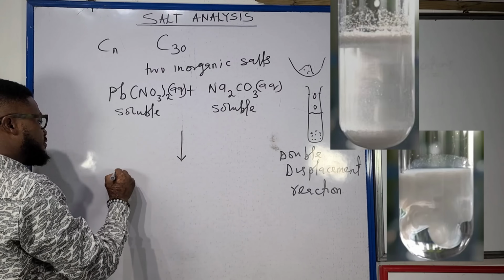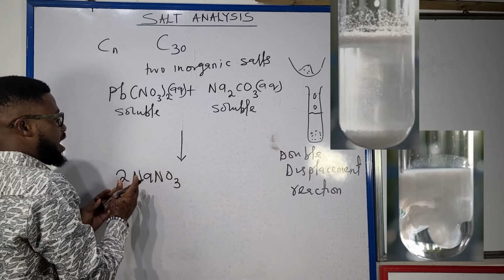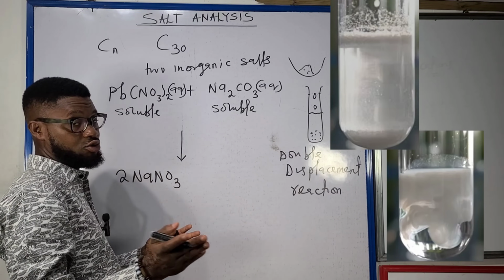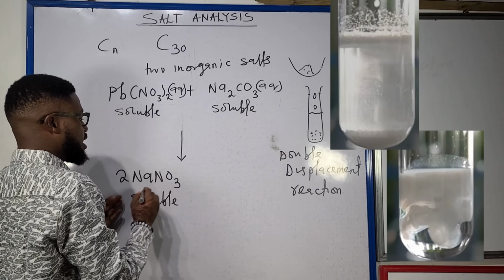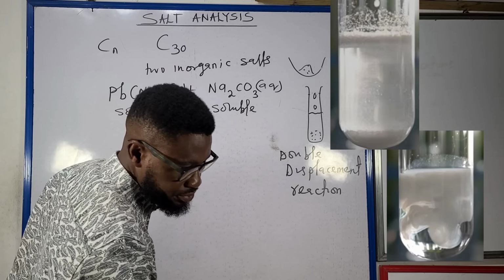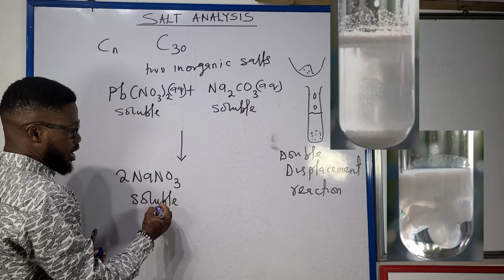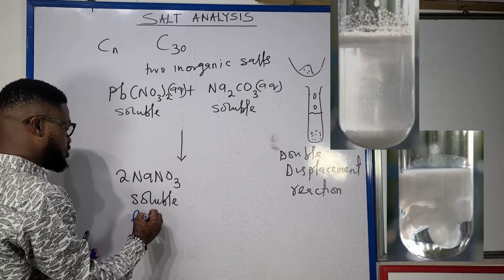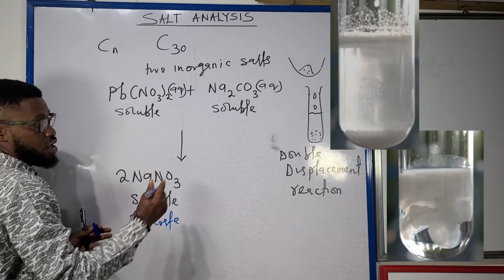So what we're going to have is 2 moles of sodium nitrate. And sodium nitrates, like all nitrates, are soluble. So this is still soluble. In fact, this is going to be our filtrate, as I'll soon show us.